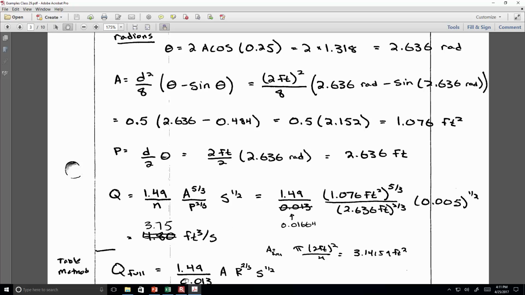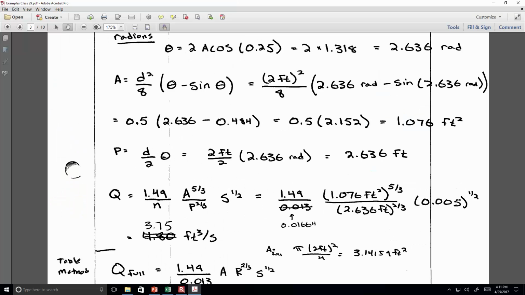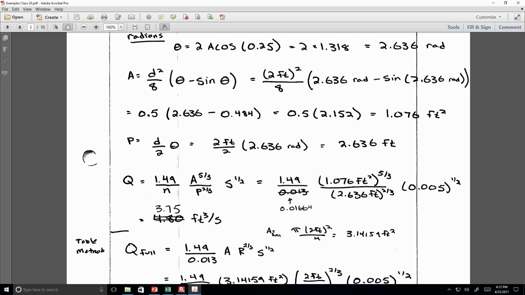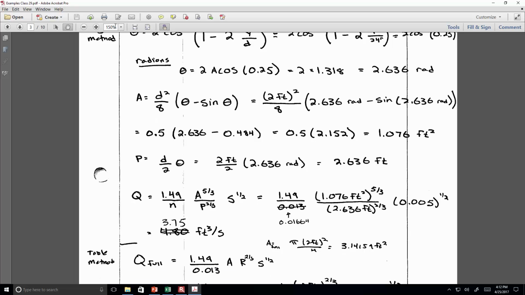Now, there is a Q to Q full function as well. So we could calculate the full depth flow rate, and then find the Q to Q full based on the y to D. That would be another approach. Let me bring this back up. Any questions on this example?